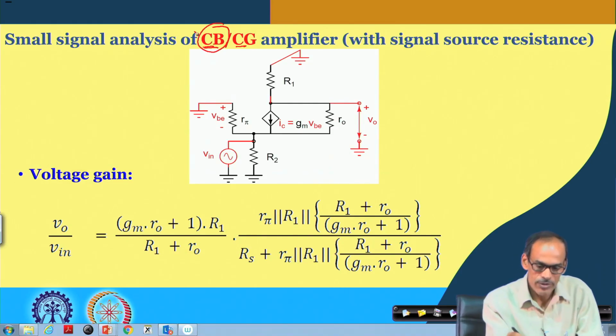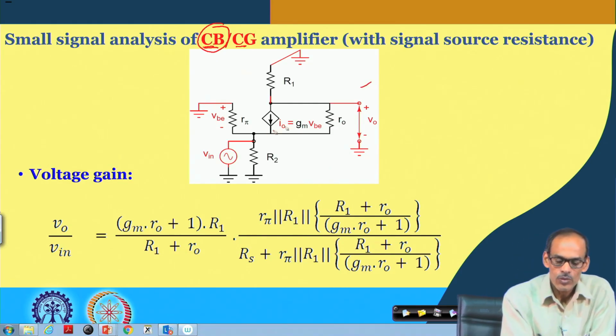So, this is the corresponding circuit. We already have discussed this circuit before.